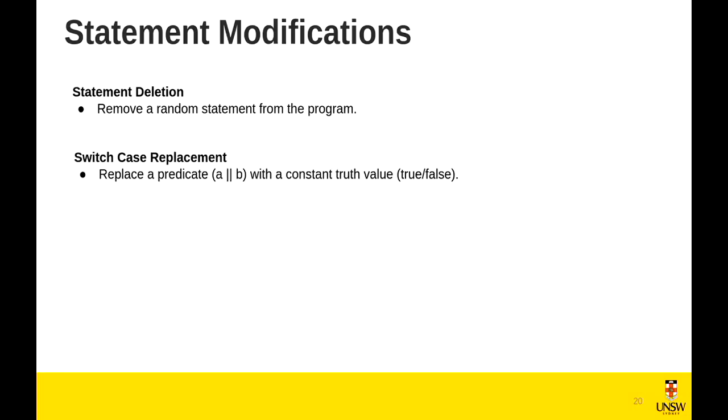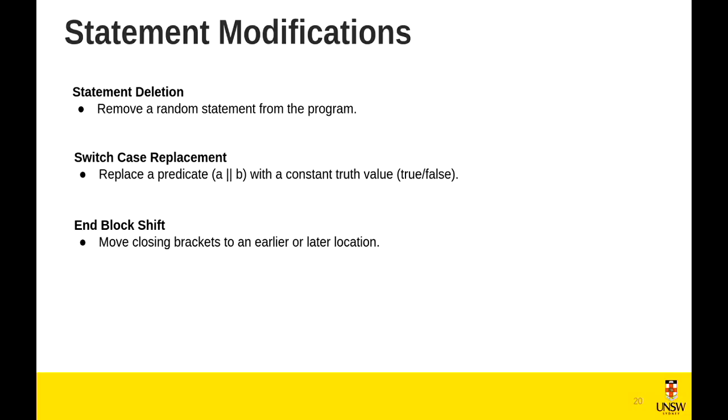And that's all about the expression level of mutations. So now let's move up one level to the statement level of modifications or mutations. The first thing is we can do statement deletion, which means that we can remove a random statement from the original program. We can also try to replace switch cases. We can replace the predicate of the case with a constant true or false value.